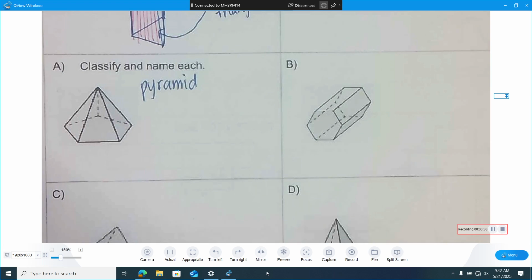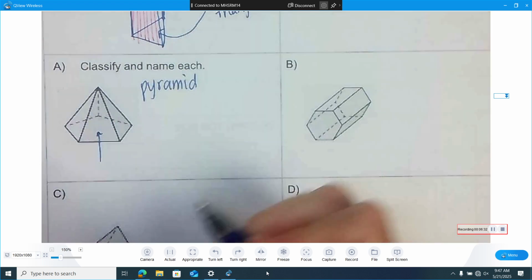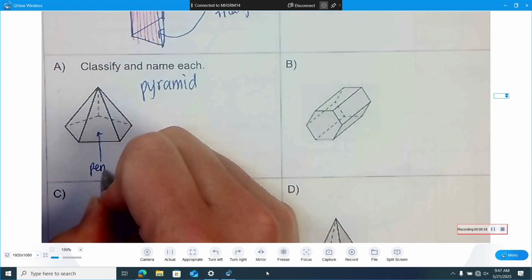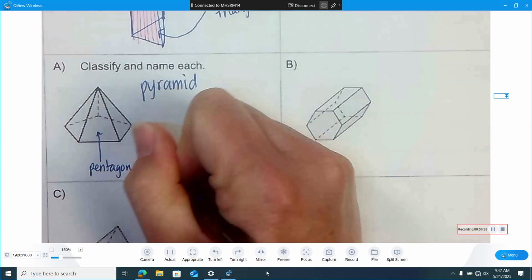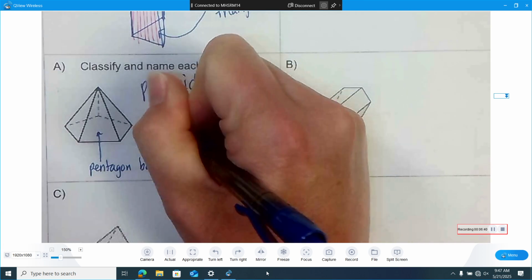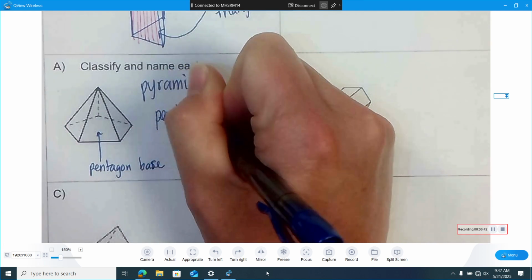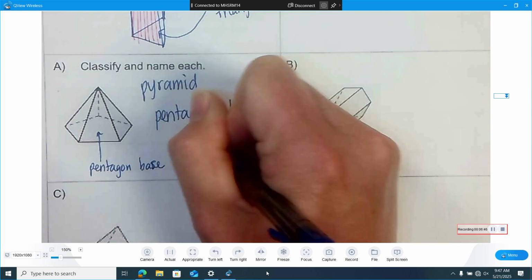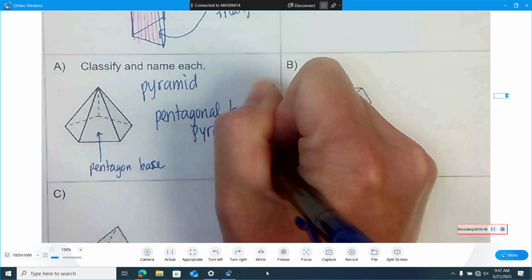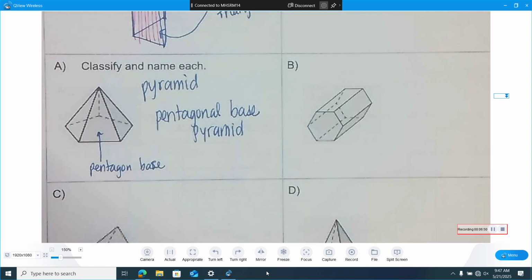And so what is the base here? A pentagon. All right, it's a pentagon base, and so we would call this a pentagonal base pyramid. And that is its name, a pentagonal base pyramid.